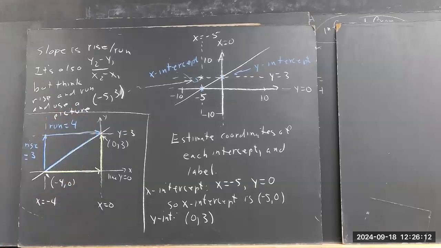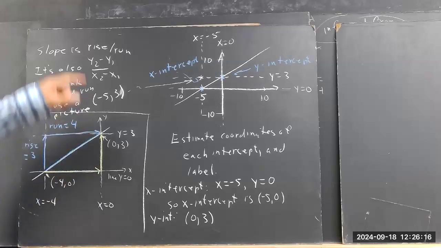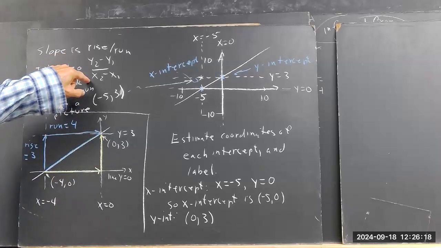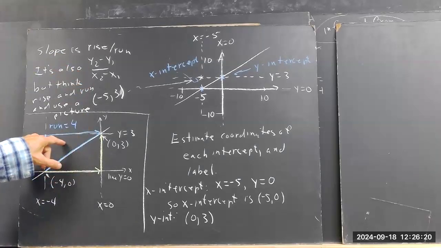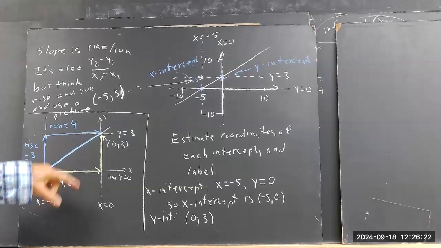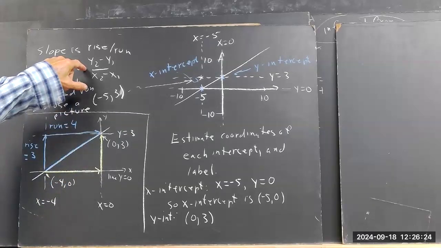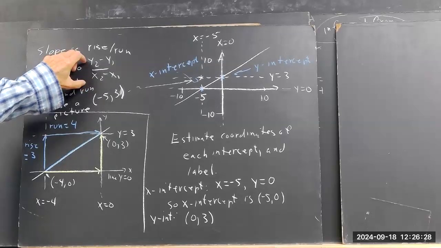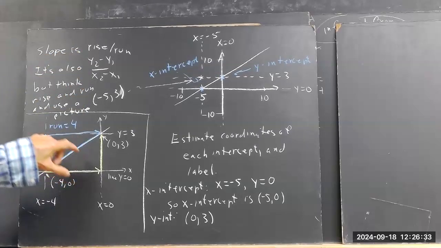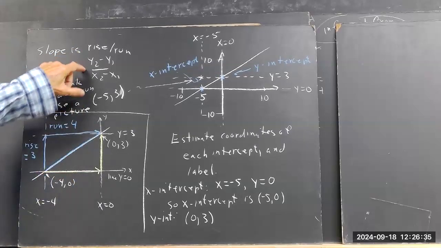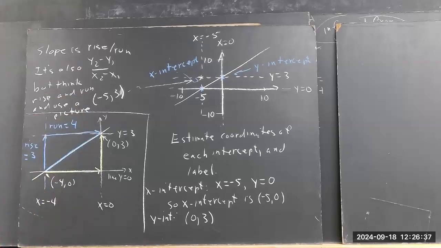You're not going to understand slope unless you think in terms of this picture and rise and run. Then you understand the formula. You don't have to understand the picture to use the formula. So you don't have to understand what slope is to use a formula for slope. You want to understand the picture so you understand what the formula is telling you. So as you work through this, try to keep that in mind.